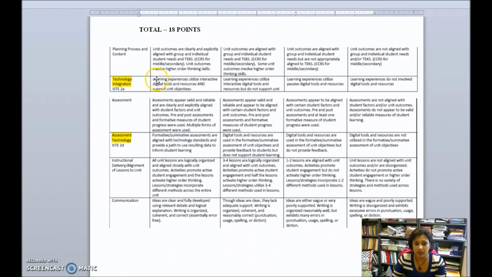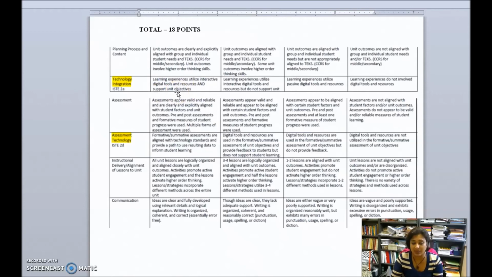Then another area is integrating technology. Now, there are some times when you do an assessment for technology. Let's example, I do Seesaw and I'm assessing them through Seesaw, but they're actually doing the activity on Seesaw. So that also utilizes interactive digital tools and resources, okay, and supports the unit objective. However, let's say you're doing Plickers.